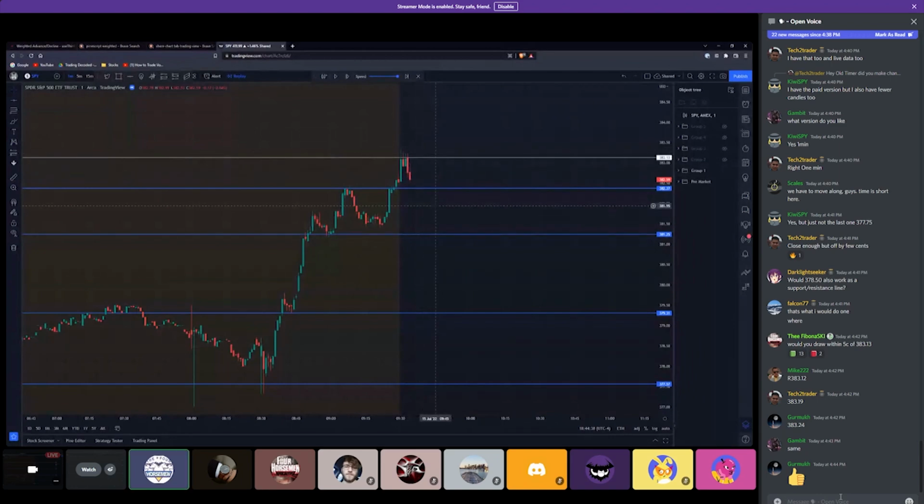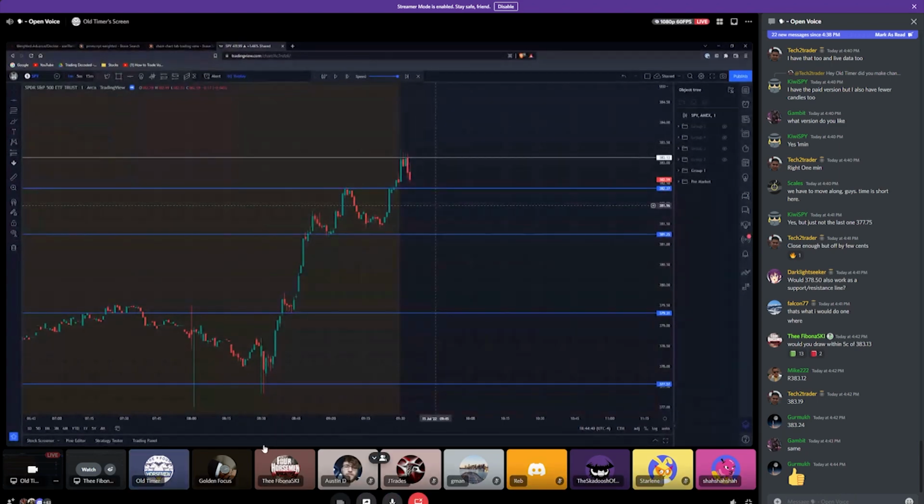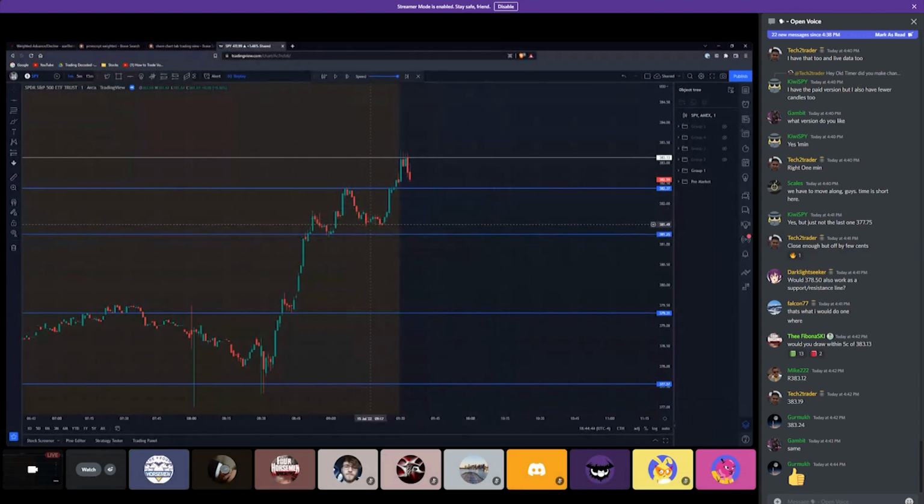Move it down a couple cents. The perfect example might be right here. Everybody pointed it out pre-market. So if we bounce off this line sometime today and hit back up, I'd move this back up. These lines aren't written in ink. They can be adjusted.